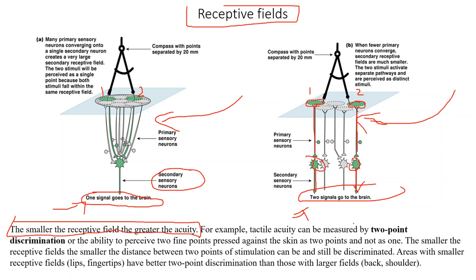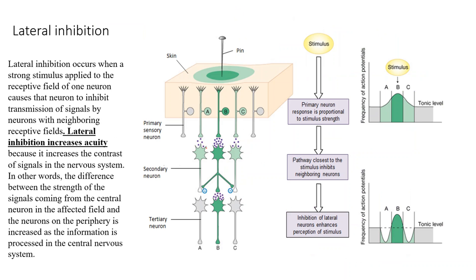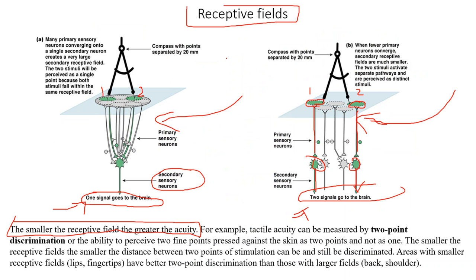For 2-point discrimination, these are going to be your fingertips, your lips, whereas the areas of your back, your thigh, these kind of bulk areas, don't necessarily need this very fine discrimination between stimuli.